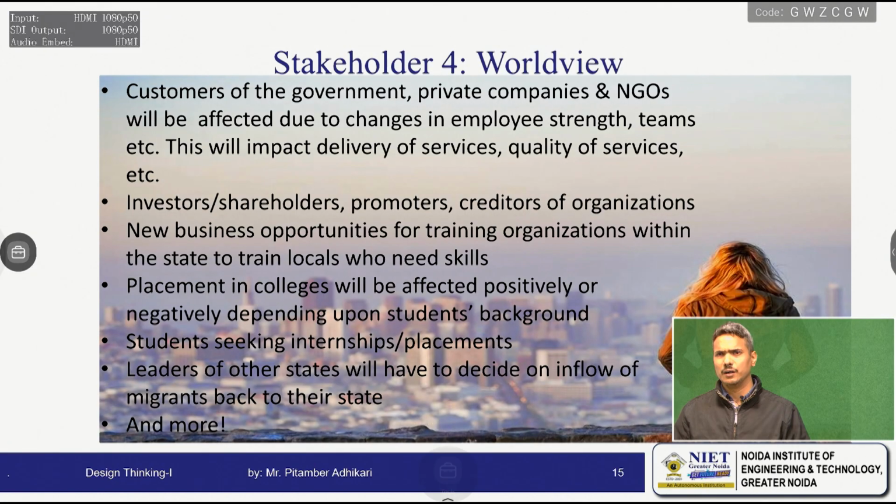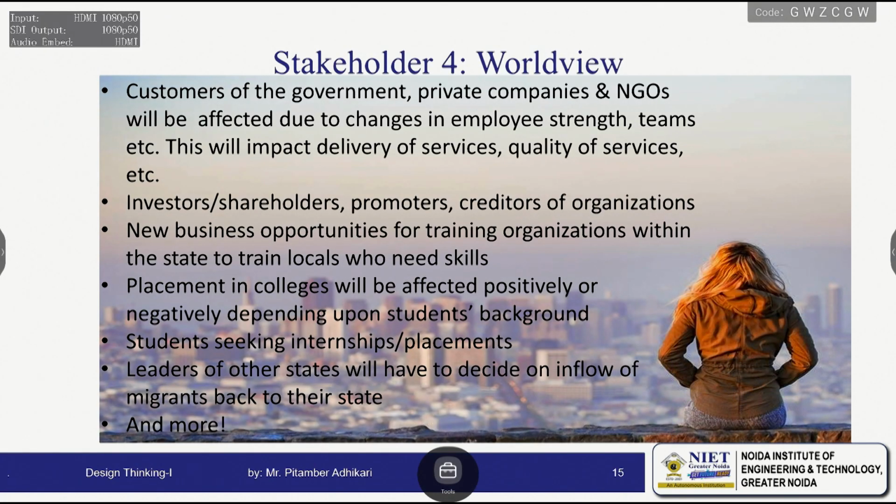Then our next category is worldview, or we can say stakeholder 4. So let's see who are the different stakeholders who will fall under this category. As we know, there are different customers of the government, of the private companies and different NGOs, whatever companies are working in that state, who have established in that state.